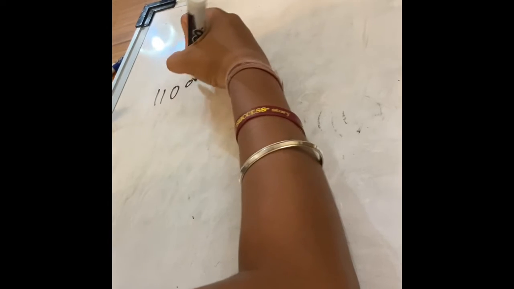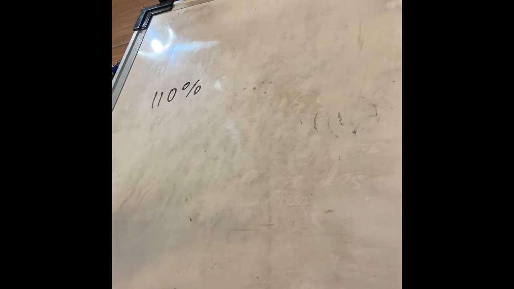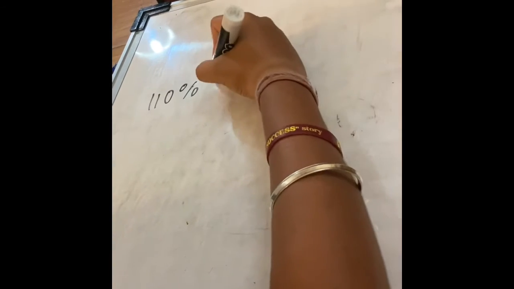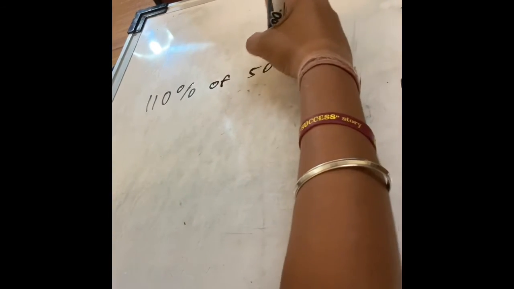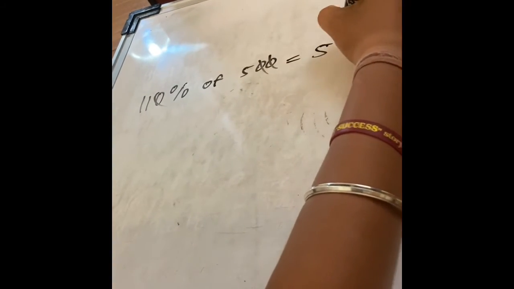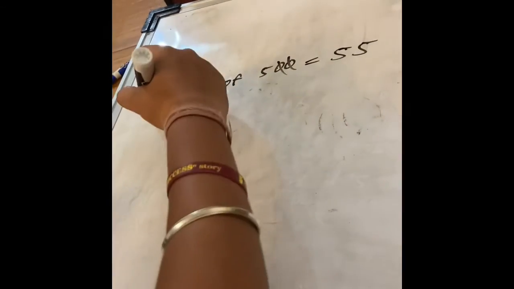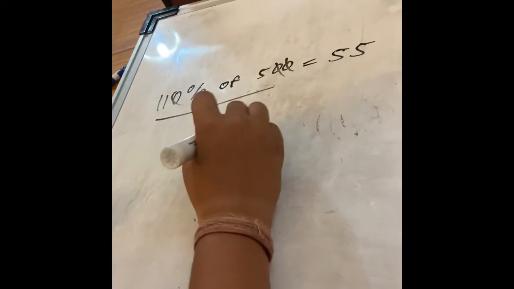So let's once again use 110%, but now rather than using 50, let's use 500. So if you canceled out all the zeros, you would have once again gotten 55, but that wouldn't actually be the correct answer since there's only 2 zeros down here in the 100.